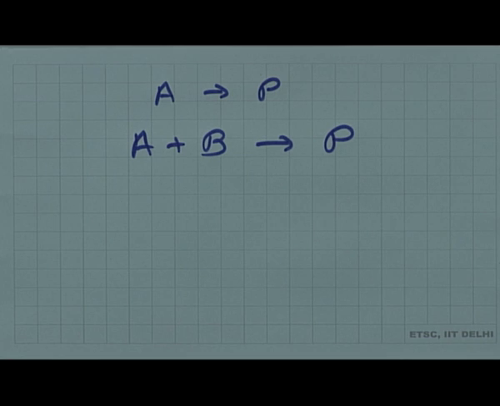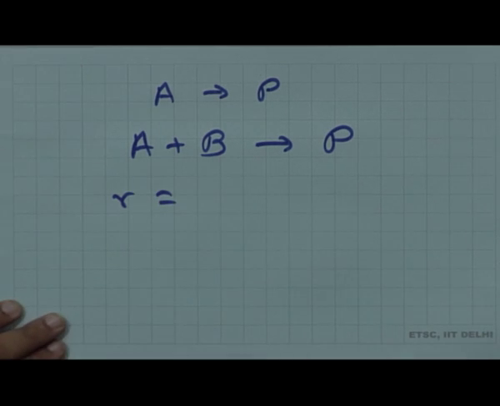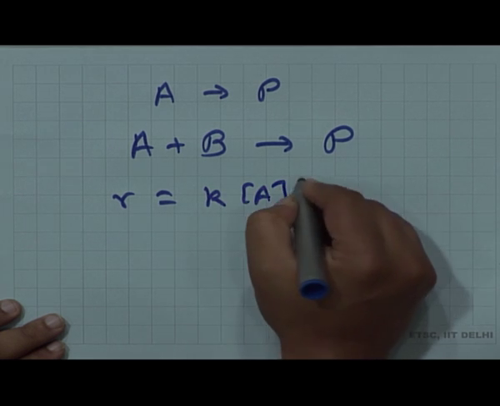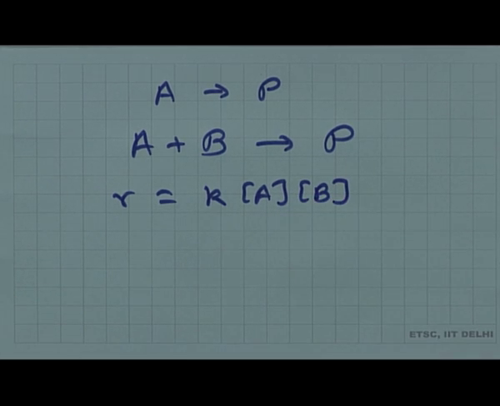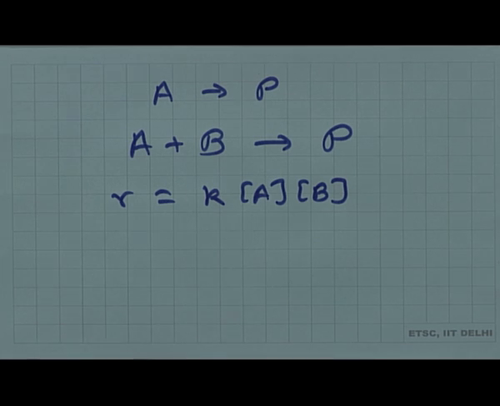What will happen there? Now, this being a second order equation, the rate would be k times the concentration of A times the concentration of B. So, you are given a second order equation, or this equation follows second order kinetics.